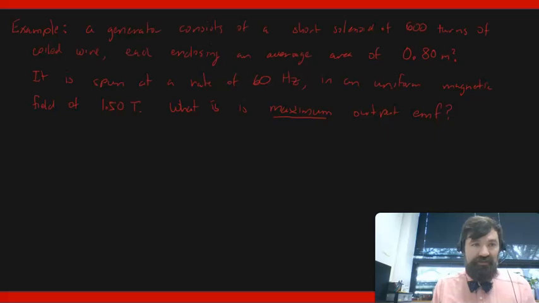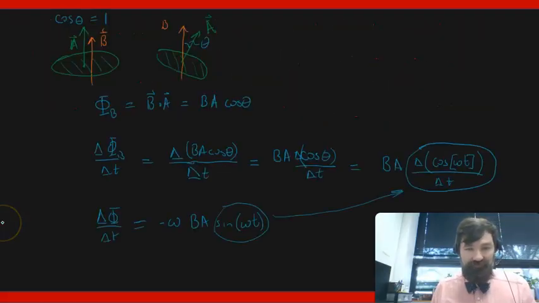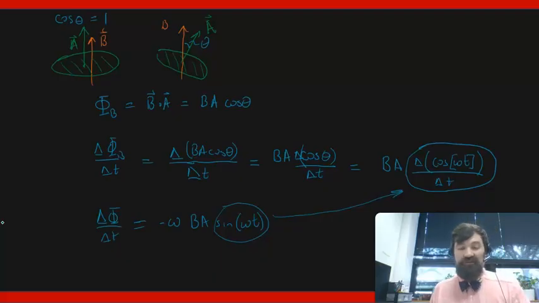Now this is a slight departure from the earlier question of what's the average EMF, because as it turns out, if we come back up here, this equation is true for any constant rate of spinning. That means this is giving us the actual value of the EMF, not just the average value, but the actual instantaneous value of the EMF.